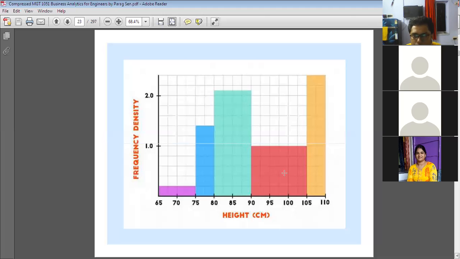That's why whenever you use a continuous distribution, you don't use probability, you use probability density.